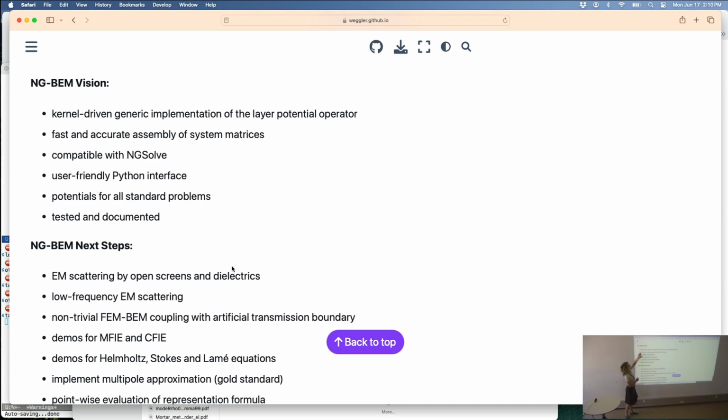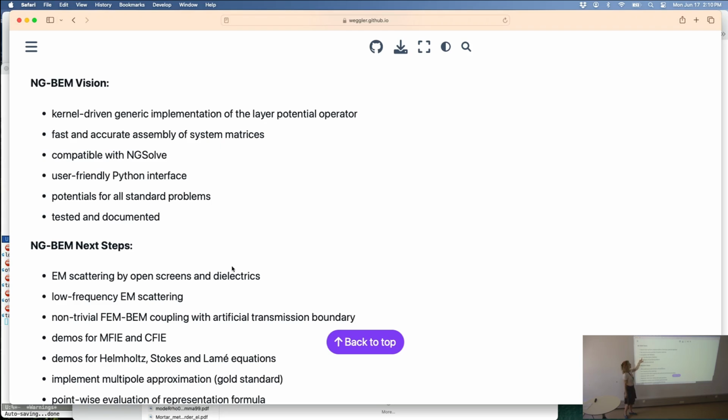We want to implement the best that we have available right now, so that we have fast and accurate matrices. We want a plugin to NGSolve so that we can offer FEM-BEM couplings to everybody.